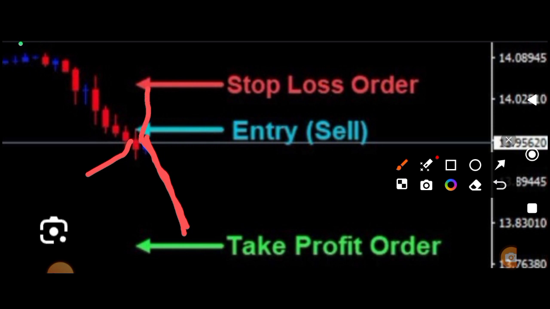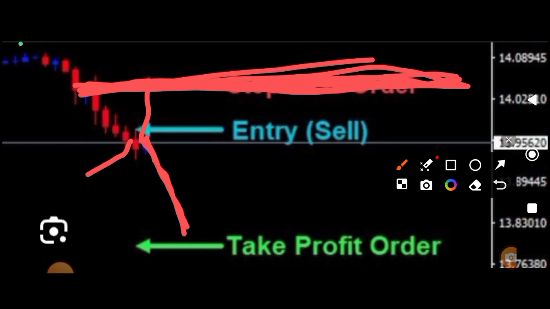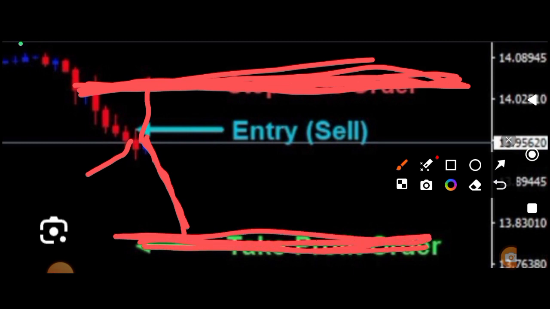So stop loss is an order that you give to your broker that whenever price gets to this place, please take me out. I don't want to lose more than when price gets to this place. I hope you guys understand. And your take profit is simply a price where you tell your broker to bring you out in profit.